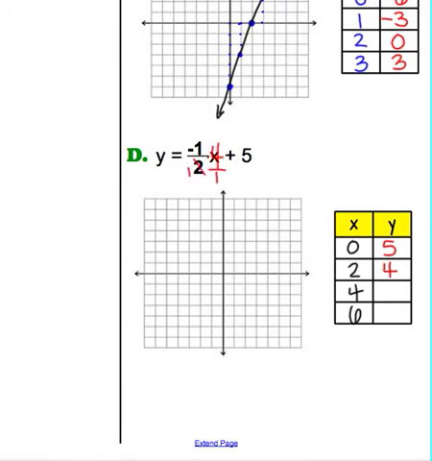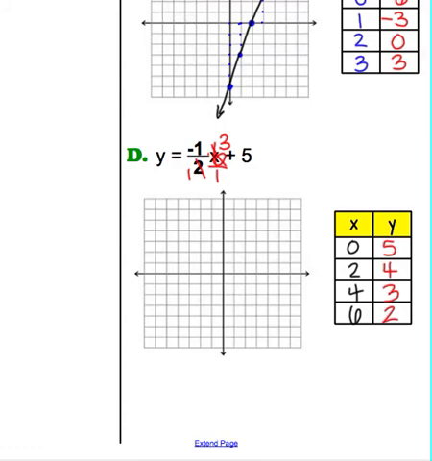These will cancel, leaving us with negative 1 times 2, which is negative 2, plus 5, which is 3. And finally, I can go ahead and take 6. Put 6 over 1, 2 and 6 both divide by 2. 6 becomes 3, 2 becomes 1. Negative 1 times 3 is negative 3, plus 5 is 2.